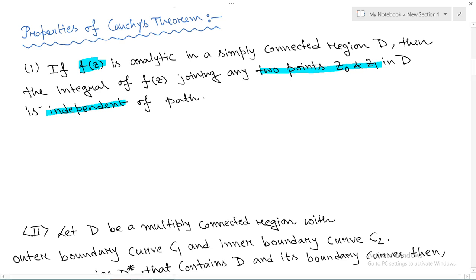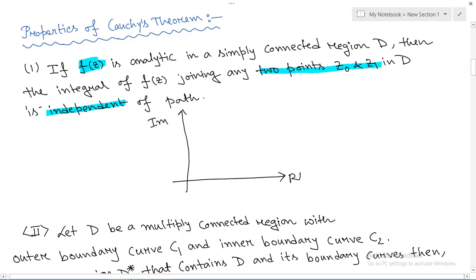Let us try to visualize it so that the thing will be clear to all of you. Here, if we draw, this is our imaginary axis and this is our real axis.